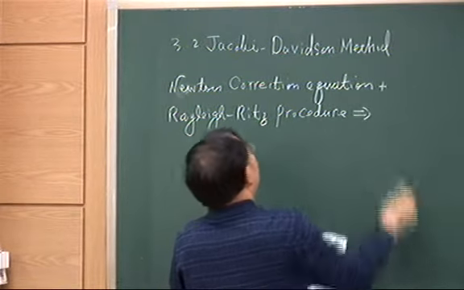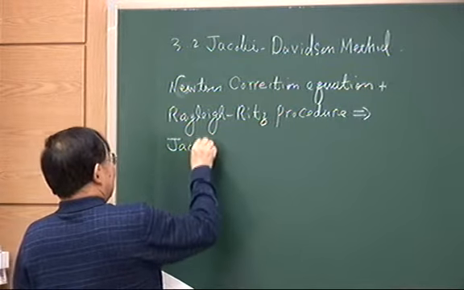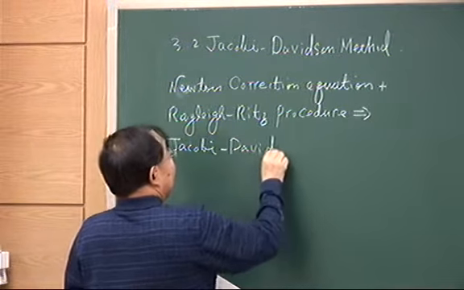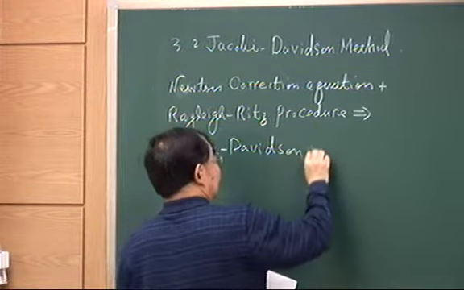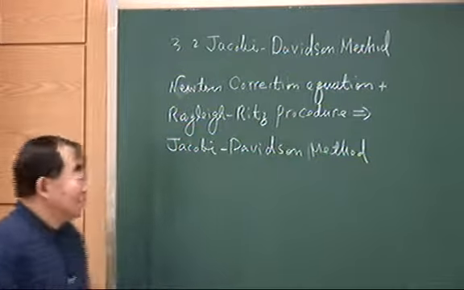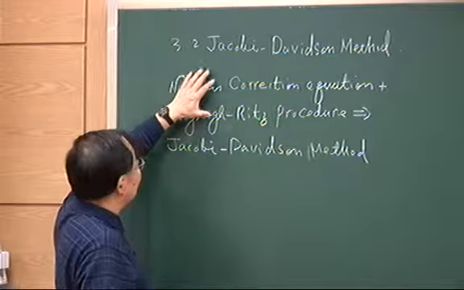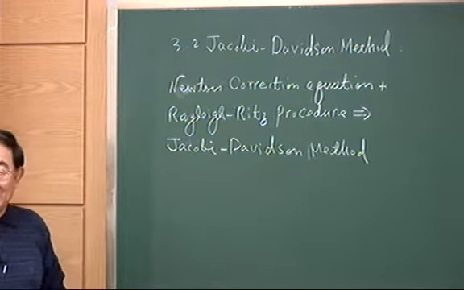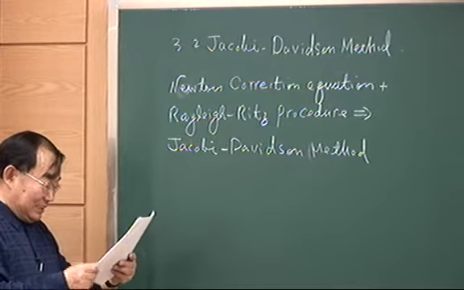We get the Jacobi-Davidson method. In other words, the Jacobi-Davidson method is just a combination of these two methods. So the Jacobi-Davidson method is just like this.